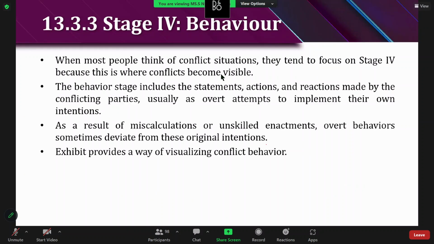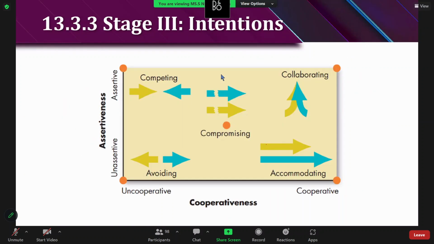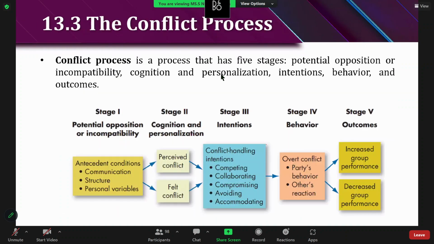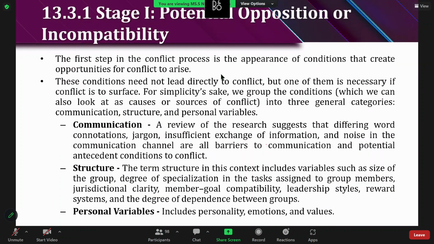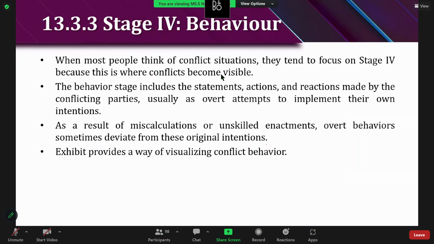Okay. So stage 4 would be the actual behavior. The people would be actually engaging in the behavior based on the decision they made in stage 3. So when most people think of this conflict situation, they tend to focus on stage 4 because this is where the conflict becomes visible. So whenever we think about these conflicts, we simply think the conflict arises directly in stage 4.